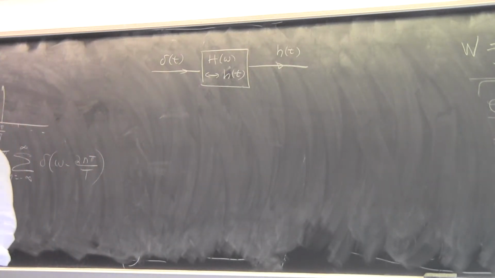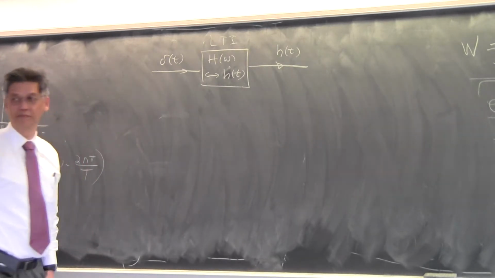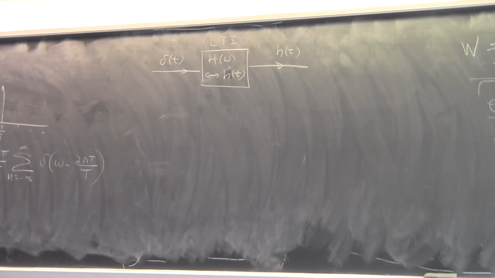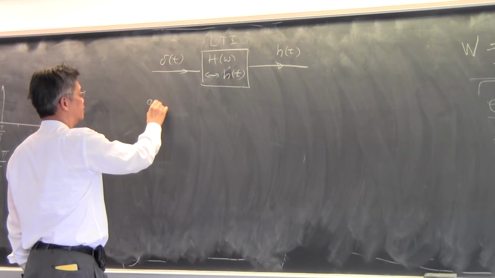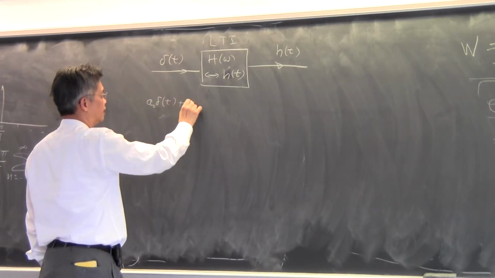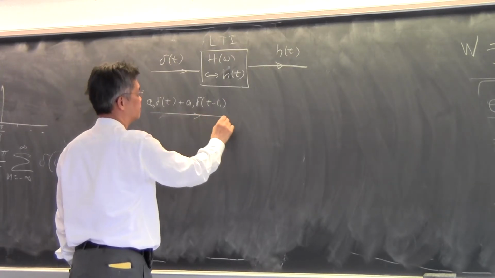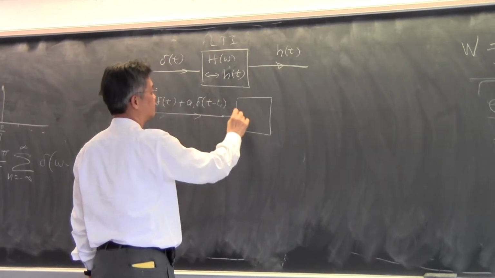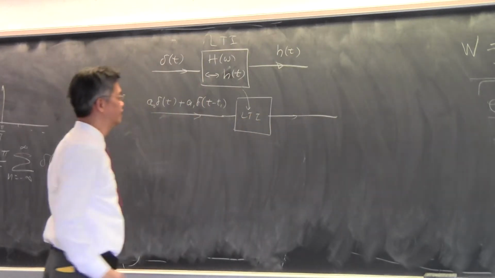So if you have a linear time invariant system, that is what happens. A linear time invariant system satisfies linearity and time delay. So if I have A naught delta of t plus A1 delta of t minus t1 as my input to the same LTI system, what do you think the output would be?